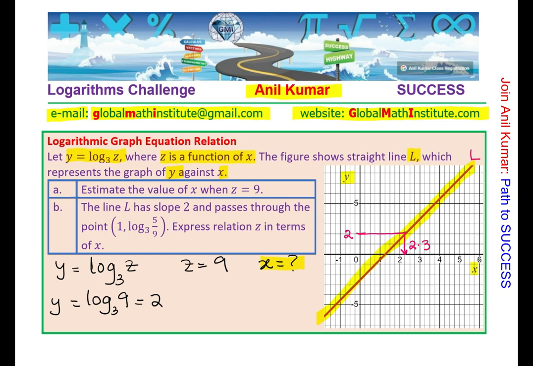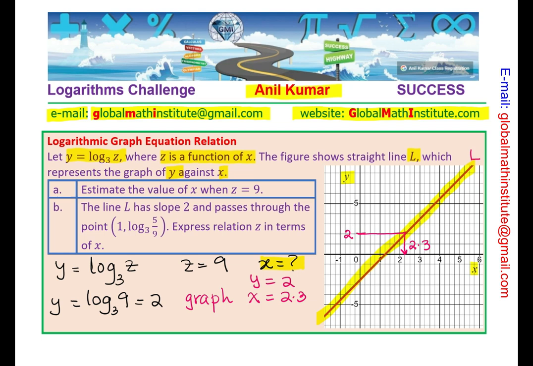So from the graph, x equals 2.3 when y is equal to 2. Makes sense? As shown here. So that is the answer for part A. I hope that is absolutely clear. It also helps you understand composition of functions and how to read graphs correctly.